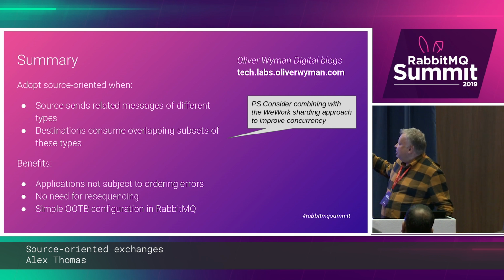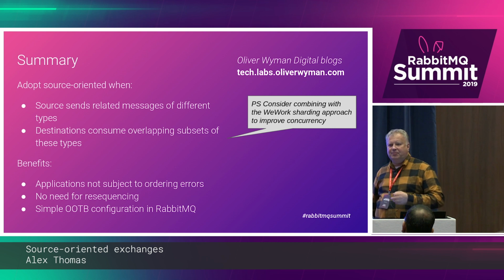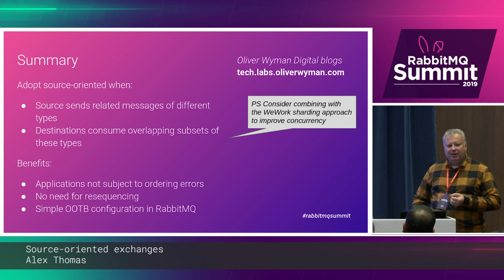But I did notice that the WeWork talk, which was around the details of preserving order but also allowing concurrency, was talking about the sharding approach. I don't know, were most of you in that talk?